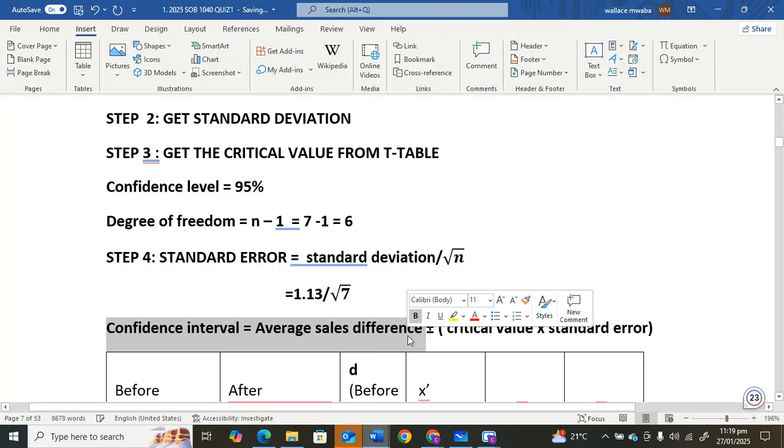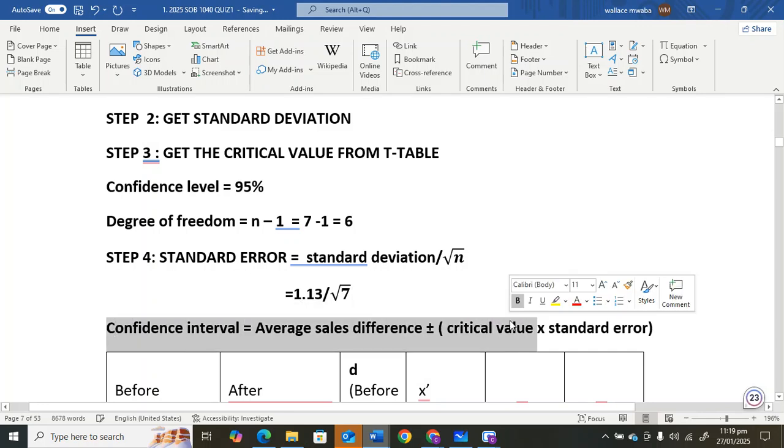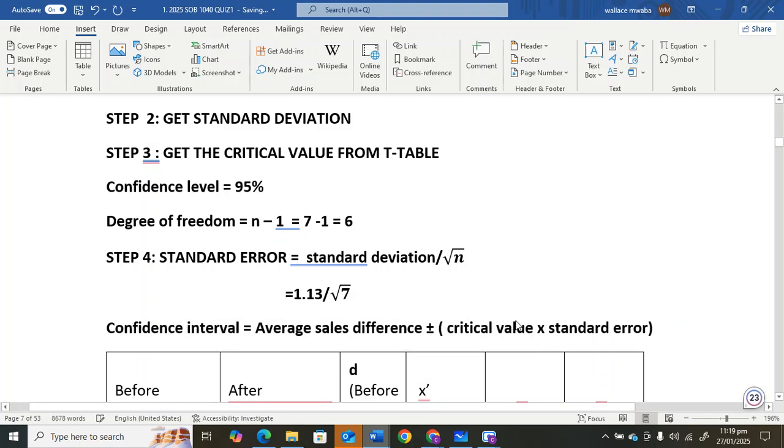So this is the formula that we're going to use to find our confidence interval. This confidence interval is the range. When we say that sales have dropped for this product, that drop in sales is going to fall in this range.